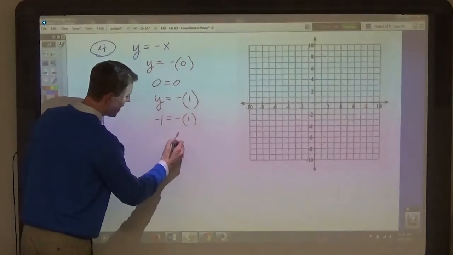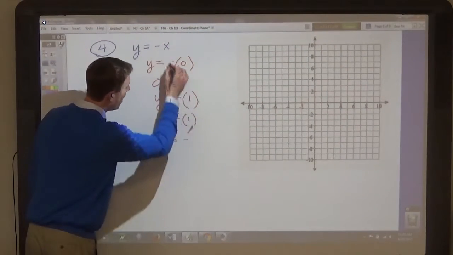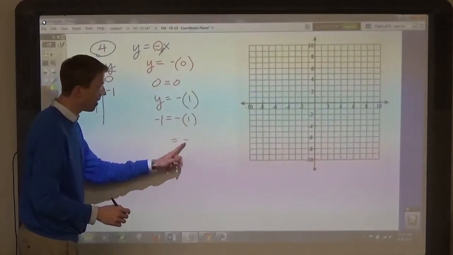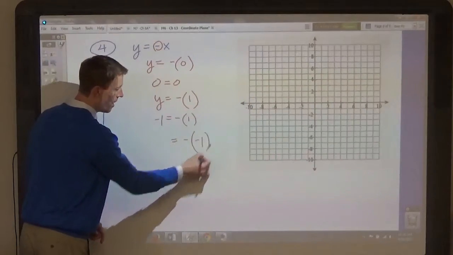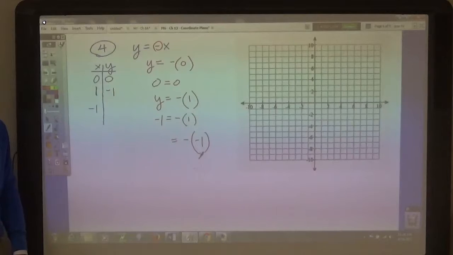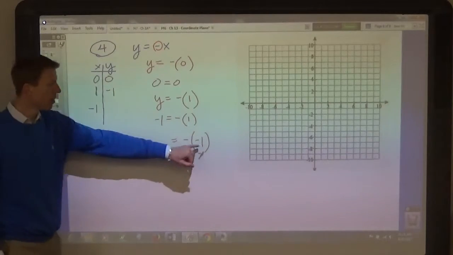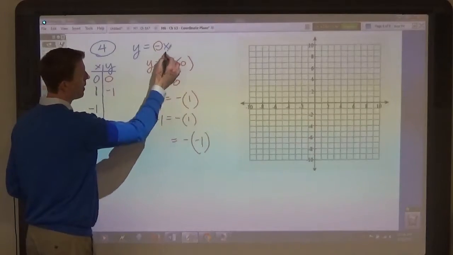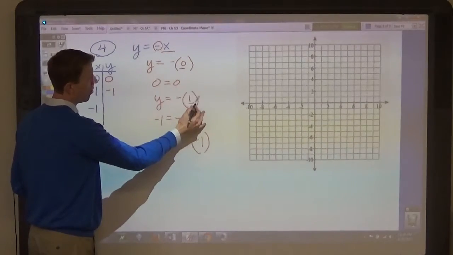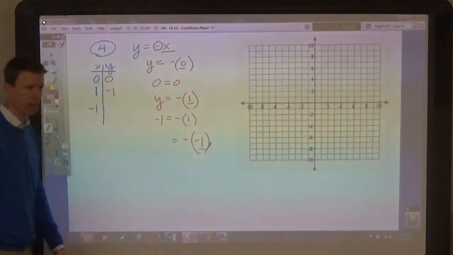Exactly. Now we would put in the minus sign, then parentheses, and then negative 1. By putting in the parentheses, it really helps us to make sure that we're always putting in the correct number: 0, 1, negative 1.